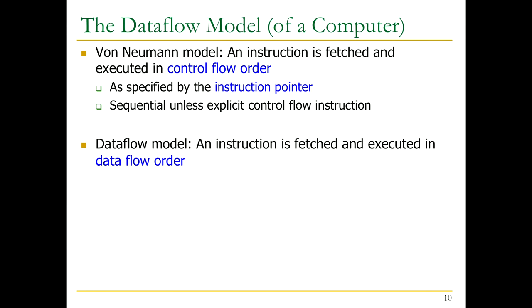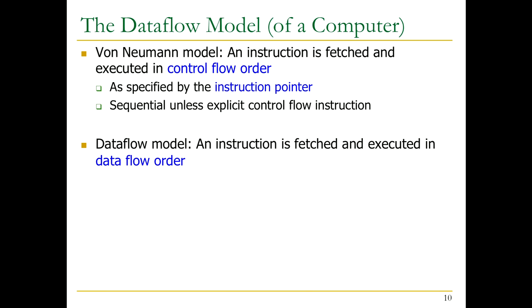But there is another model, and this is one of the other models, which is completely different. You don't have an instruction pointer. You don't say, oh, I'm going to fetch this next, and then increment the instruction pointer. Instead, I'm going to fetch and execute an instruction in the data flow order. If the data is ready for an instruction to execute, that instruction will execute.